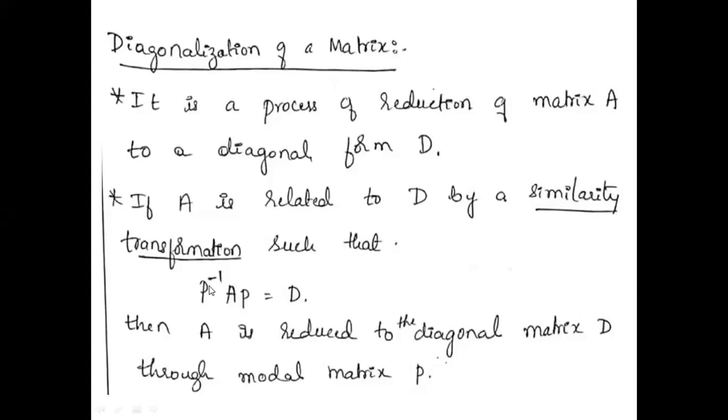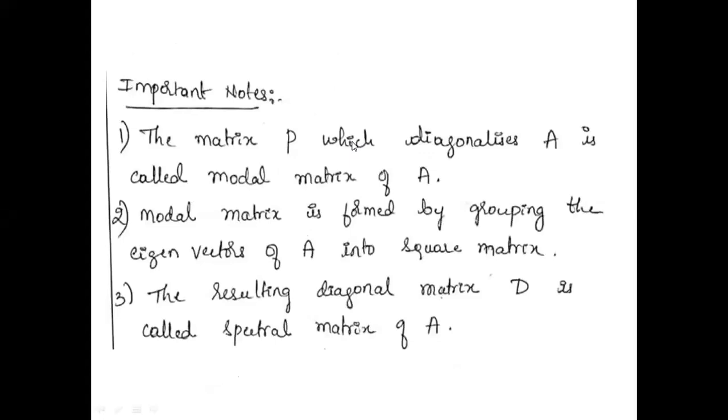So in order to diagonalize any matrix, we will need the matrix itself, obviously, and we will also need the modal matrix, and then we will need to know how to find the inverse of this modal matrix. A few important notes before we go into solving the problems. The matrix P, as I just told you, which diagonalizes A, will be the modal matrix.